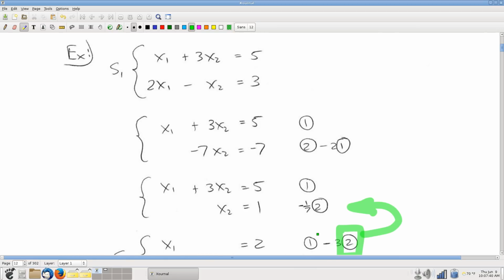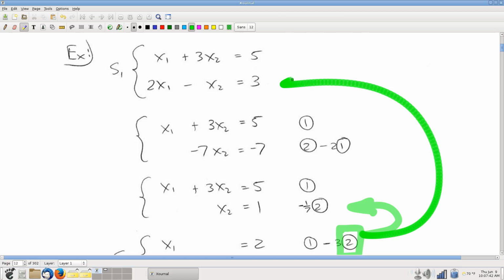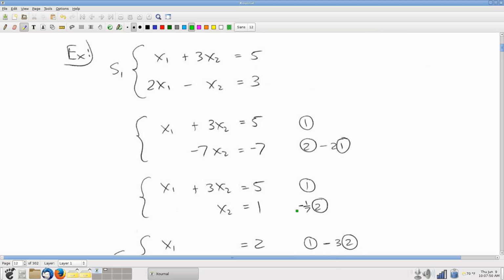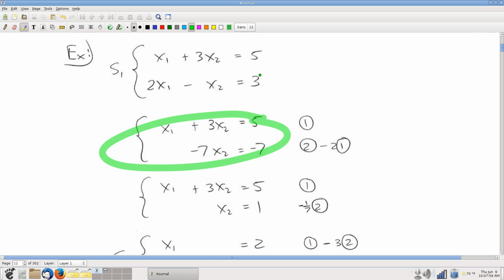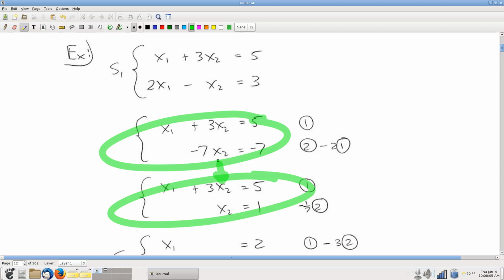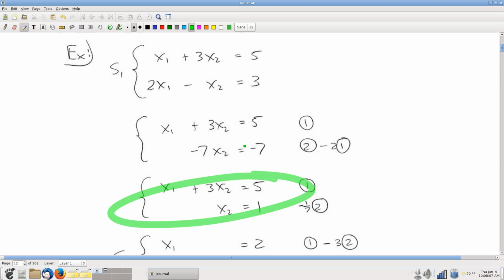It is not referring to an equation in the original system, right? Only to the previous system. The point here is that we take a system, we turn it into another system, and then in order to make progress, we look only at that new system. And then that we turn into another system, like this.